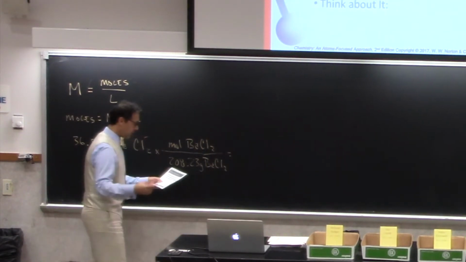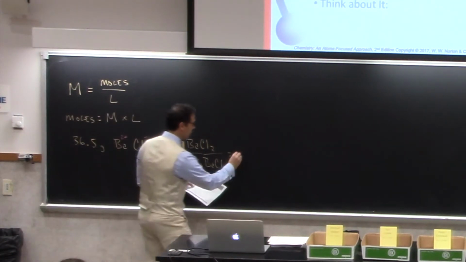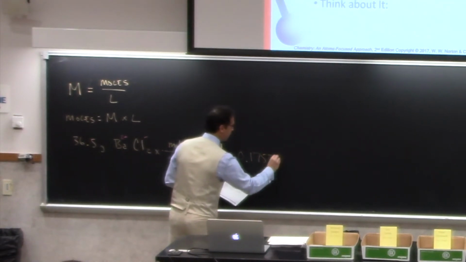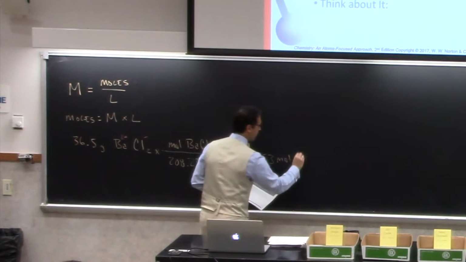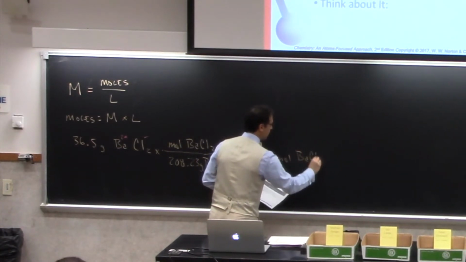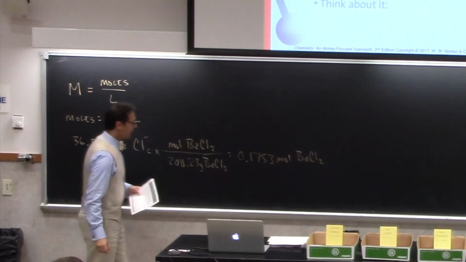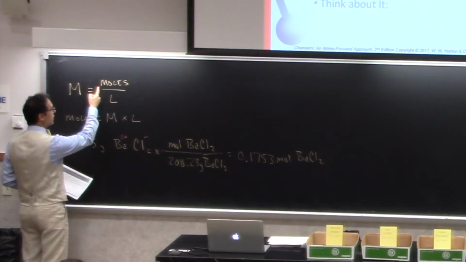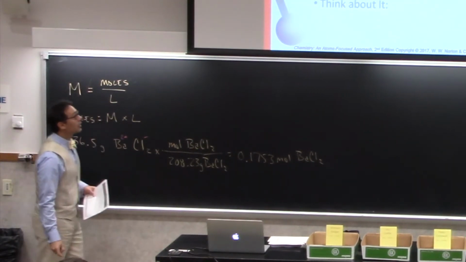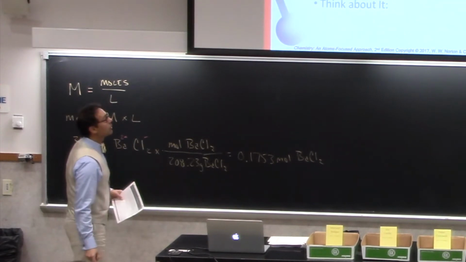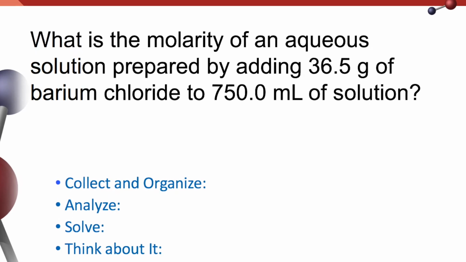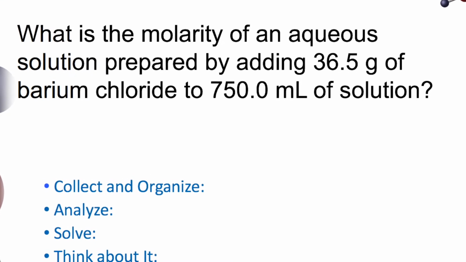That will give me my moles. And so I ended up with 0.1753 moles of barium chloride. Now I have moles, and I could drop that in here. And then liters. Well, I don't have liters. I've got 750 milliliters. So how do I convert milliliters to liters?